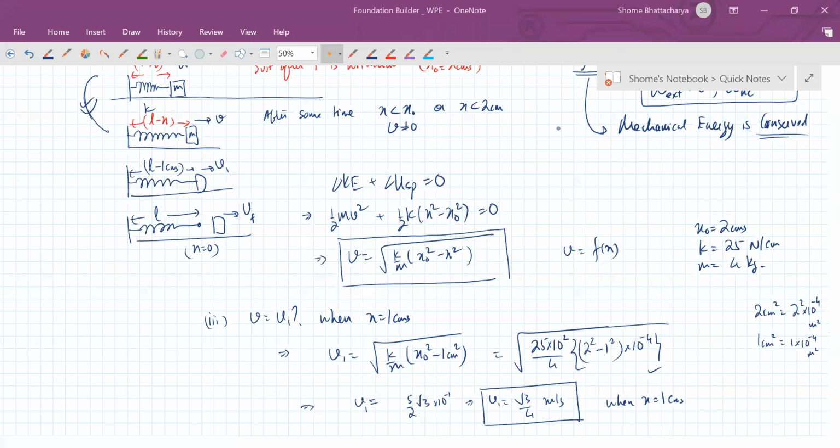But it should come greater than V1, no? So it should be 0.5, 1 by 2. Just check your calculation, Kunj.